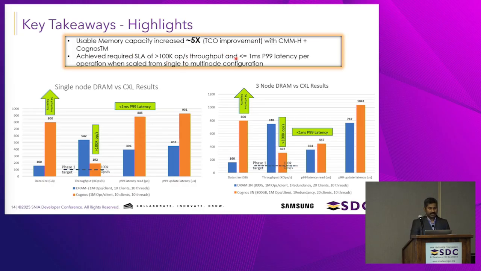And whenever we go to CXL, one of the concerns is, of course, how does the performance look like? And we set the target for 100K per node, and the latency target to be around 1 millisecond. What we have seen is that the throughput actually went down when we went from DRAM to the CXL, but it was still under the accepted limit.